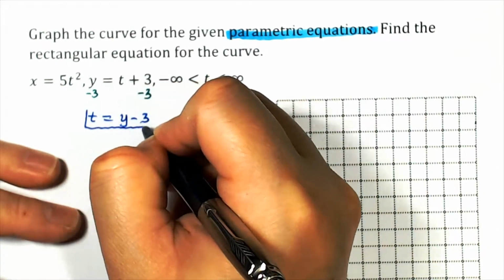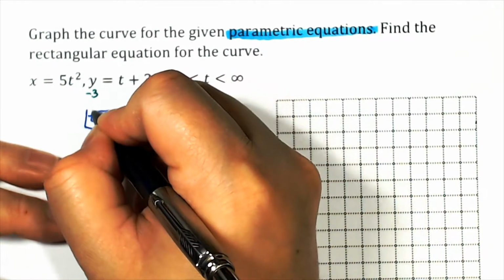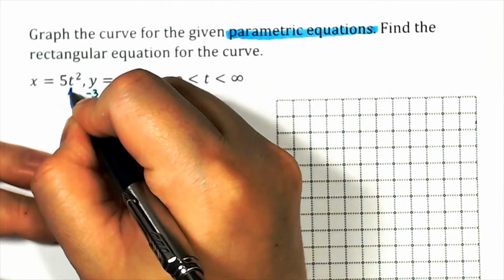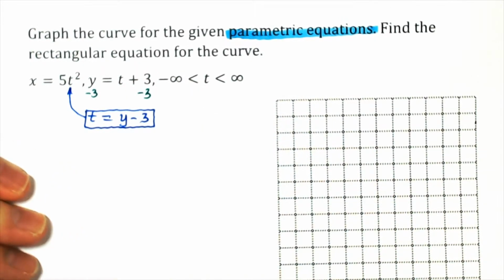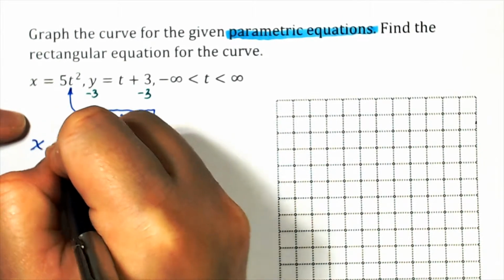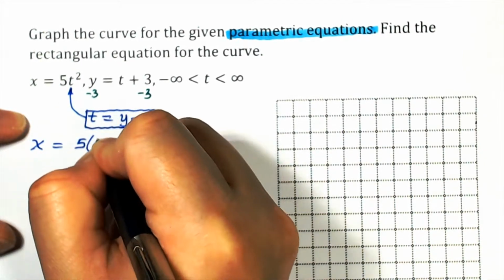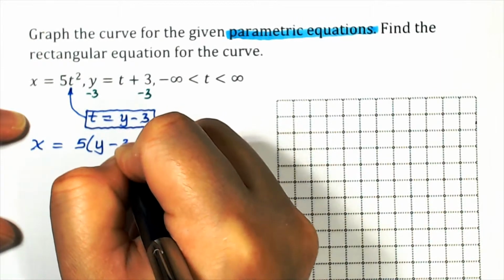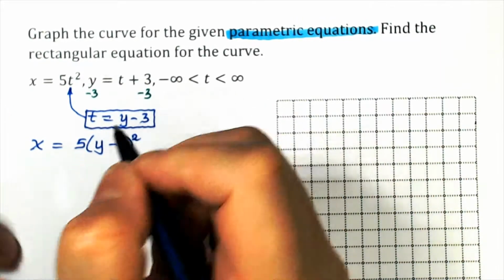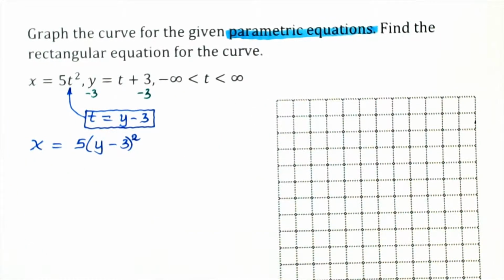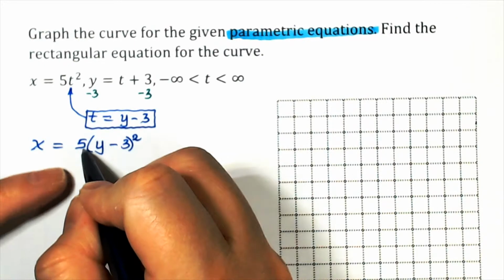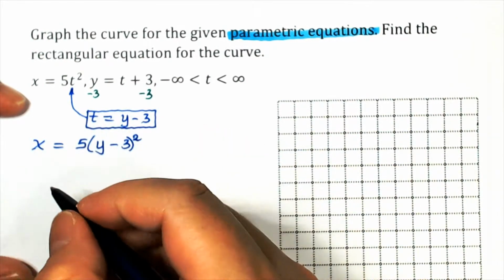And we can substitute t equal to y minus 3 into that t. So with that we have x equal to 5 times y minus 3 squared. We know that this is a parabola, and we can rewrite it in standard form, but let's just divide by 5 on both sides and write y on this side.